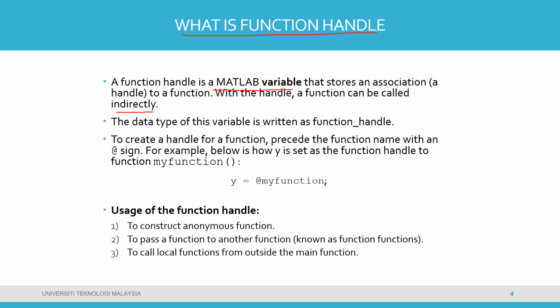Okay, the data type for this variable is written as function handle, and to create the handle for a function, prefix the function name with an @ sign. So this is the @ sign. For example, here y is set as function handle to a function my function. So you just put @ or add.